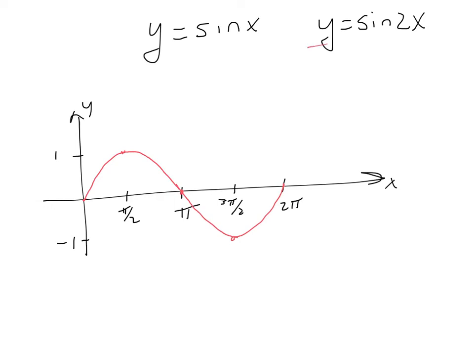Now when I go to twice x, what that means is I'm going to see twice as many sine curves. The frequency is 2. So I need to double the number of sine curves in this interval. If I have to have 2 sine curves between 0 and 2 pi, my first sine curve has to end here at pi.